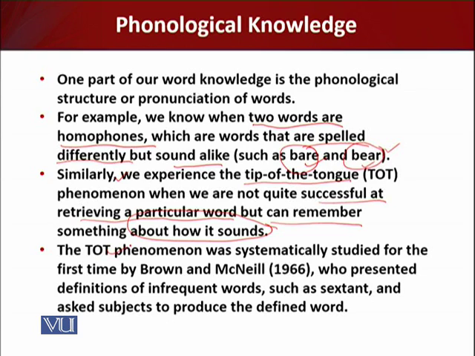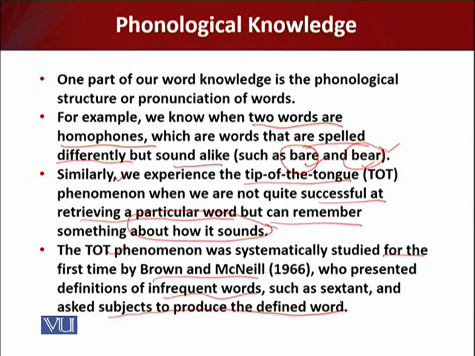The TOT phenomenon was systematically studied for the first time by Brown and McNeil, who presented definitions of infrequent words such as sextant, which is an instrument used for measuring angular distance, and asked subjects to produce the defined word.